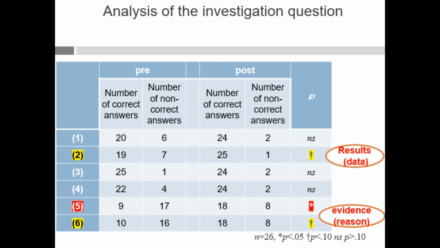However, no statistically significant differences were found for items 3 and 4, concerning claim, conclusion, Table 5. From this, we can say that we have improved on results, data, and evidence, reason, in scientific expressions.